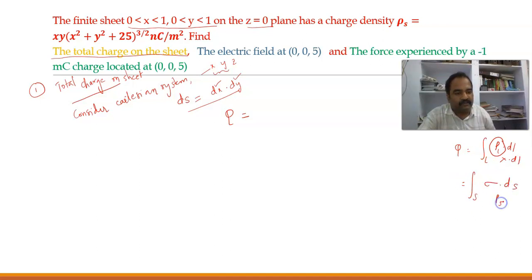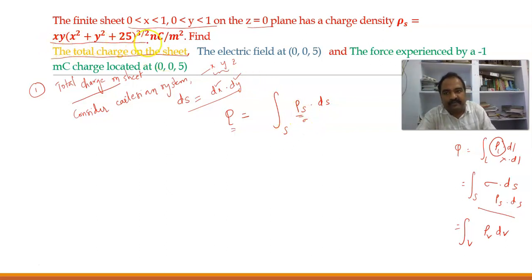Sometimes it is written as rho s into ds, rho v dv. Okay, so now if you carefully see, for q, I have got surface charge, so I am supposed to employ this particular formula. I am supposed to integrate it over the entire surface, rho s ds, or I can call it sigma also.